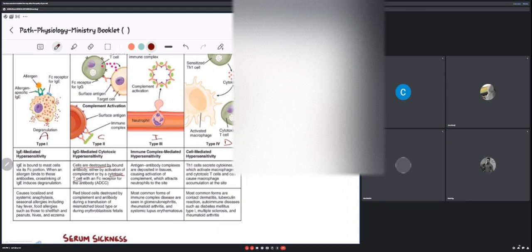Meanwhile, the other one is the D type. The cells secrete cytokines which activate macrophages and T cells, which can cause macrophage accumulation. Now, these T cells here are not the main cells, they only assist the macrophages. Remember, macrophages clean up the debris, or eat up the cell.